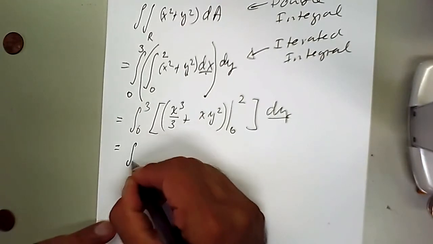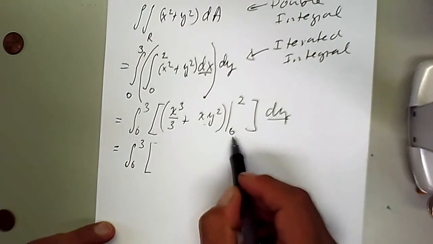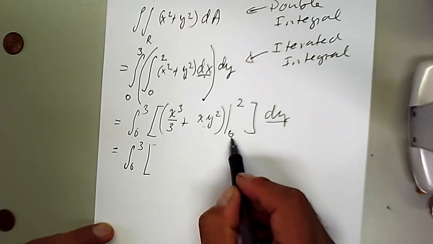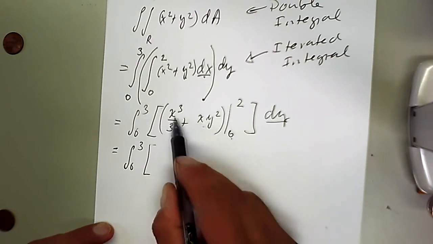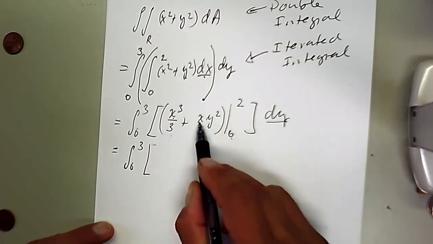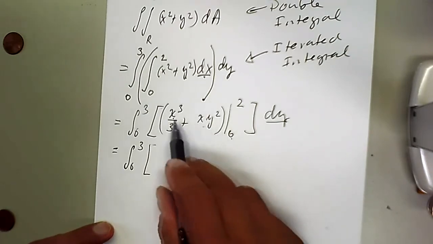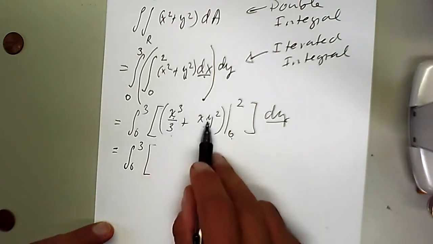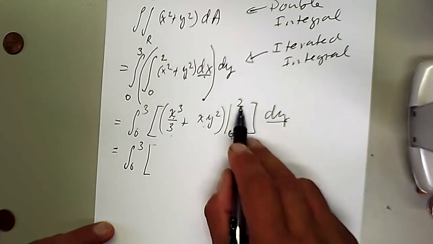Having 0 helps because when we plug in 0, we get 0 cubed over 3, and 0 times y, whatever the value of y is, that's still going to be 0. So plugging in 0 will provide us with a 0 here. I don't have to worry about that because we're going to subtract it. All I have to worry about is the 2.